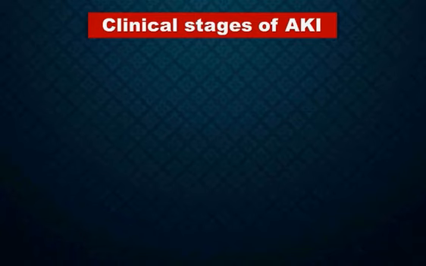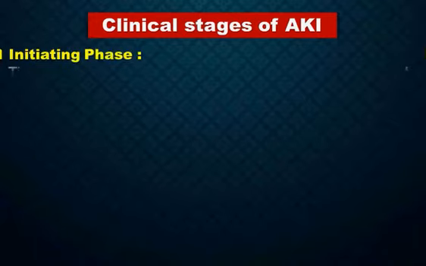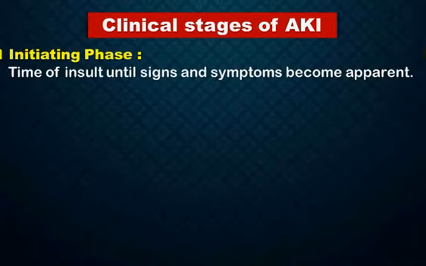But we have clinical stages of acute kidney injury. The clinical stages depend on the amount of urine output. So we have the initiating phase. The initiating phase is the time of insult until the signs and symptoms become apparent.